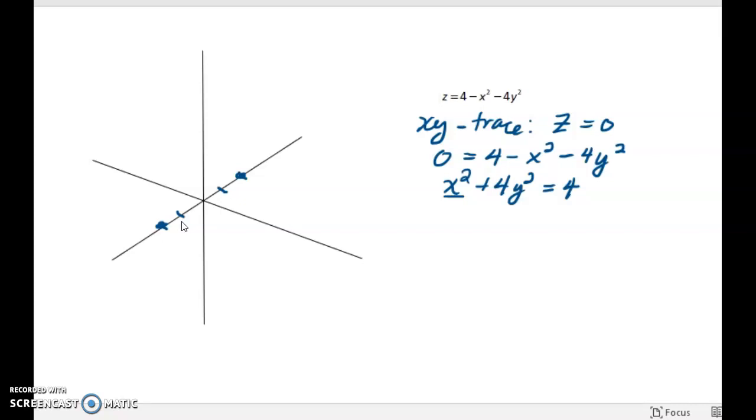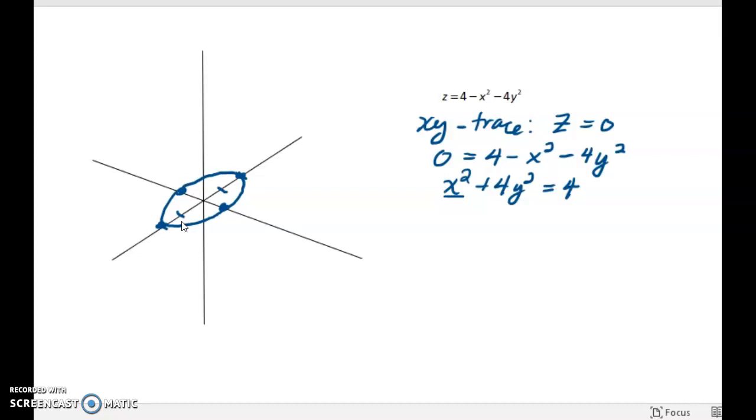You get 4y squared equals 4, which says y squared is 1, which says y is plus or minus 1. And so this ellipse lives in the xy plane, looks something like this.